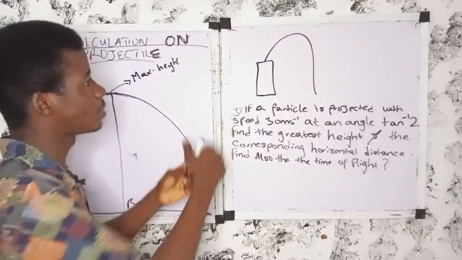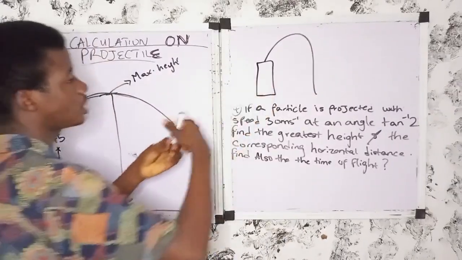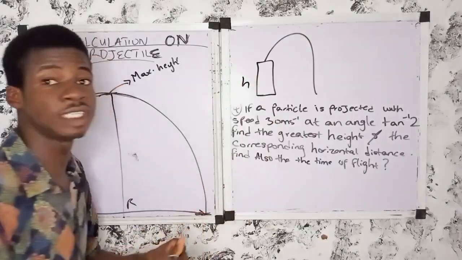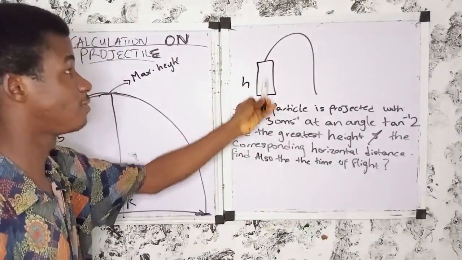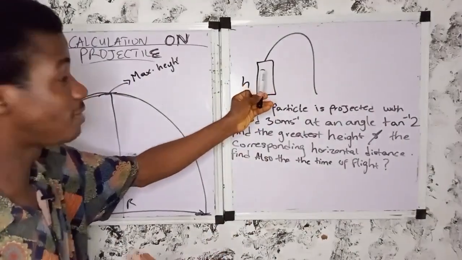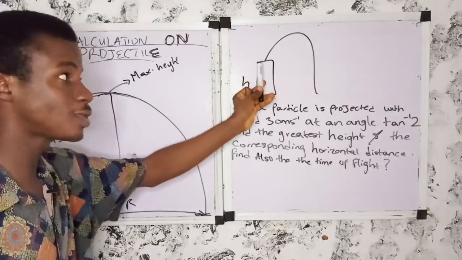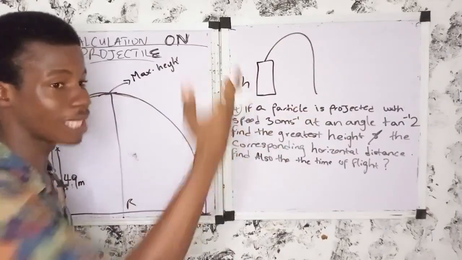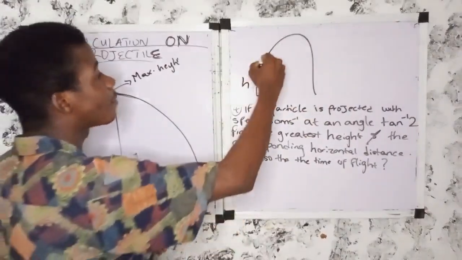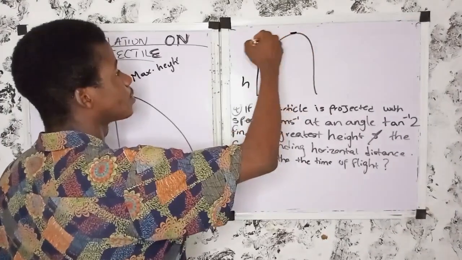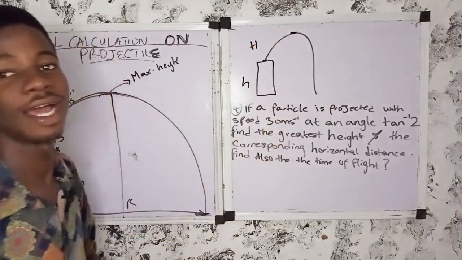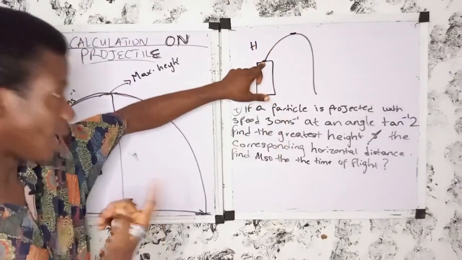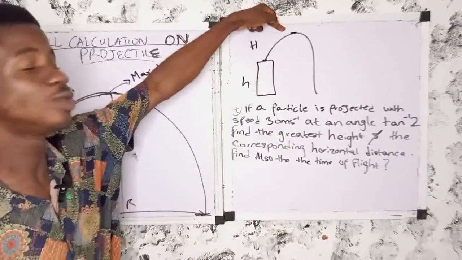This small h is the height of the tower, or the height of the cliff, while from here to this point is the height from the top of the tower to the maximum height.